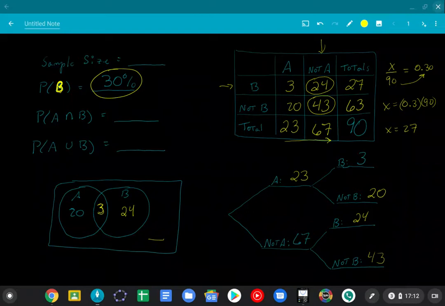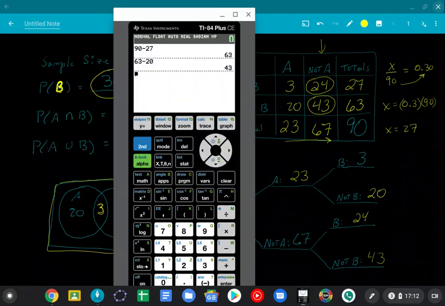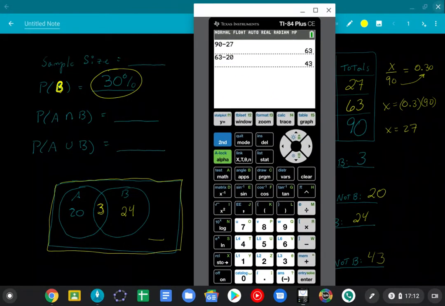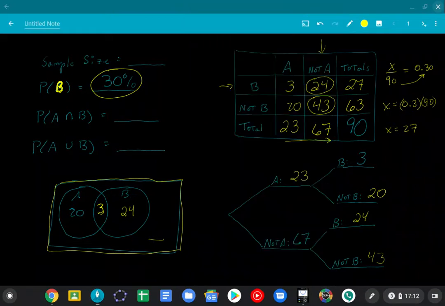This whole thing has to add up to 90, the sample size. So I can grab my calculator again and say 90 minus 20 minus 3 minus 24. And that's going to be 43.